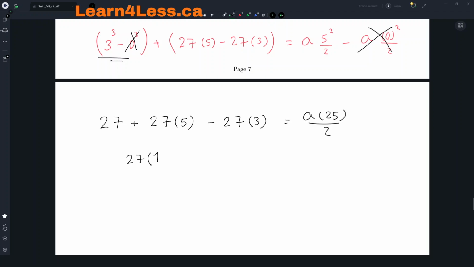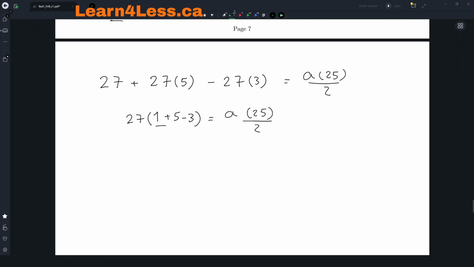So I get 1, 5 minus 3. And the right hand side is a times 25 over 2. 1 plus 5, 6. 6 minus 3 is 3. So I have 27 times 3 equal to a times 25 over 2.